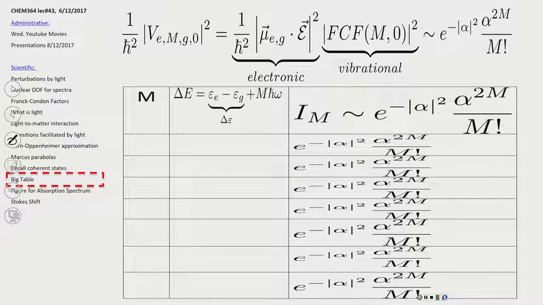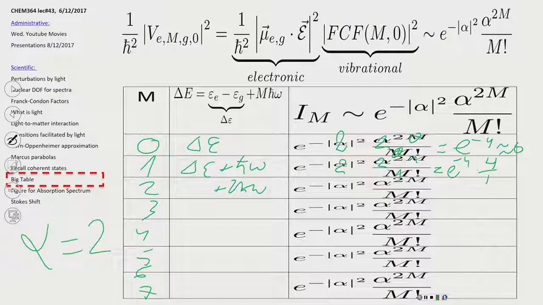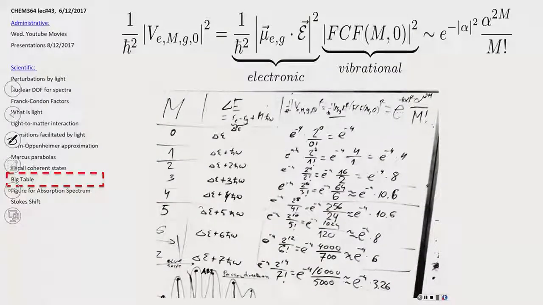So the Franck-Condon factors for numbers 0, 1, 2, 3, and so forth are obtained by plugging numbers 0, 1, 2, 3 into this expression. If we carefully do it, the numbers will show 2 trends as a function of the number m.